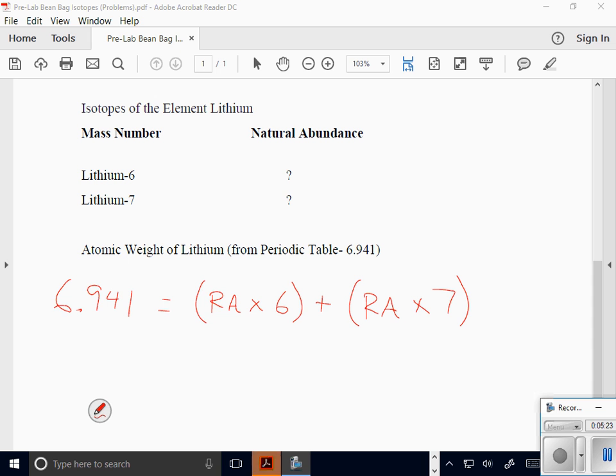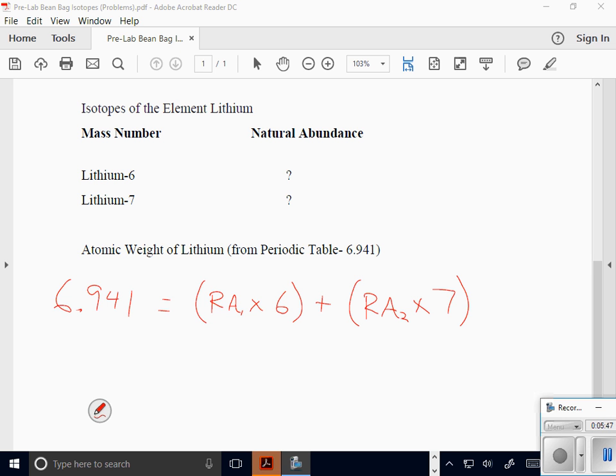Now, I've got to set up some kind of an equation in which I can solve for the relative abundance, because obviously this is 1 relative abundance and this is 2, and they're not the same values, are they? If they are, it's extremely lucky.